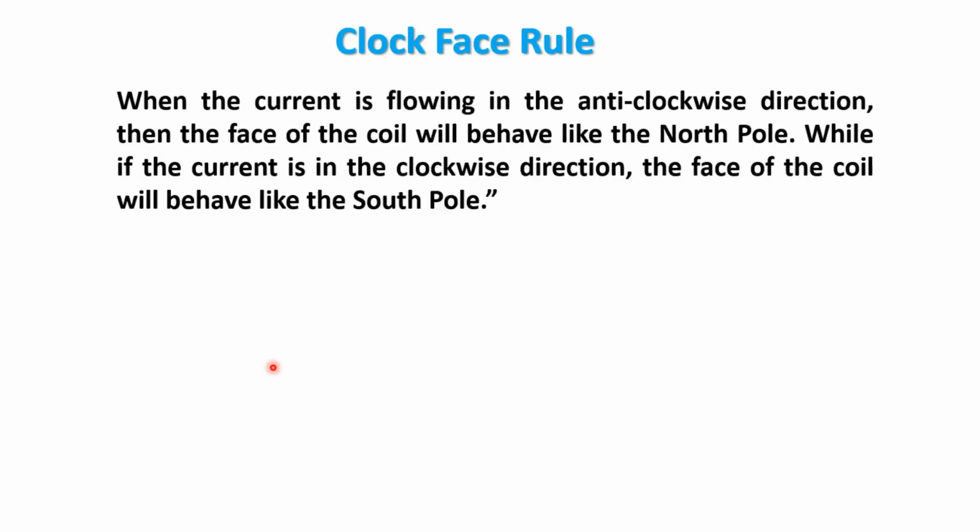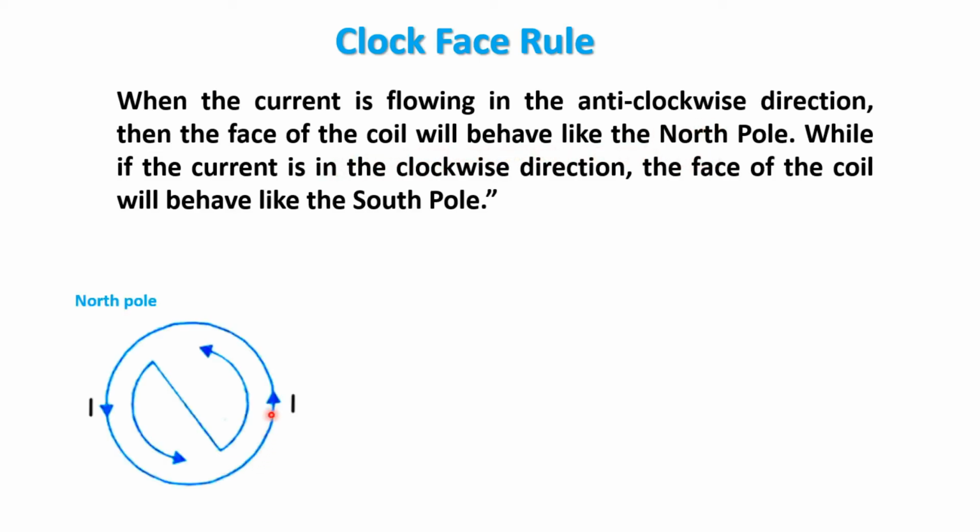This is same as the clock face rule. See, in clock face rule, what is happening? When the current is flowing in anti-clockwise direction, then the face of the coil will behave like a north pole. See, the current is flowing in anti-clockwise direction. That means face of the coil will be acting as a north pole.